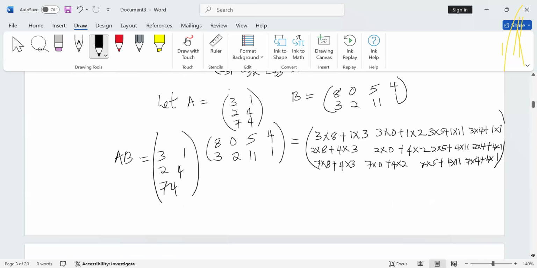So these ones, if we multiply and add, remember I'm just taking us through the basics so that we know what to do.